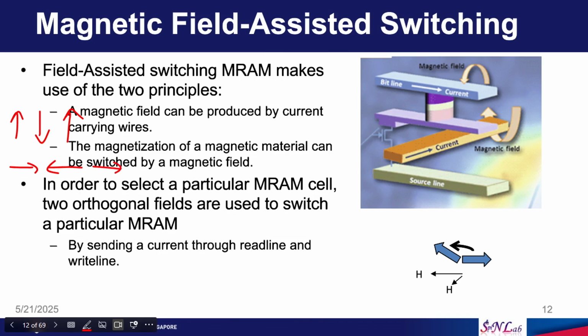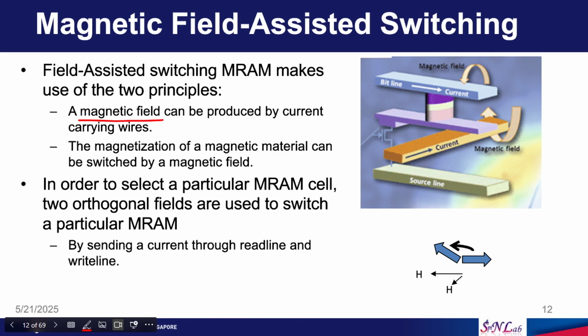We write bits by using an electromagnet, which generates a magnetic field. In a similar way, in the field assisted MRAM, again we are using a magnetic field to write information.